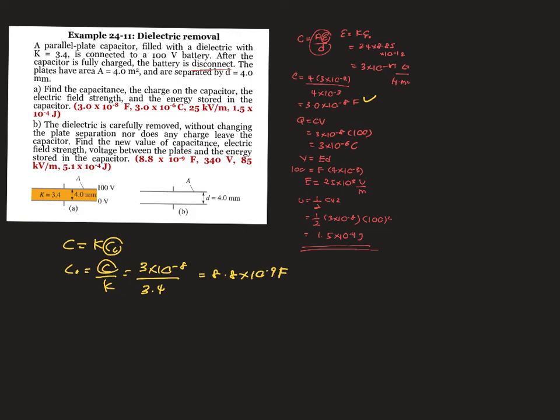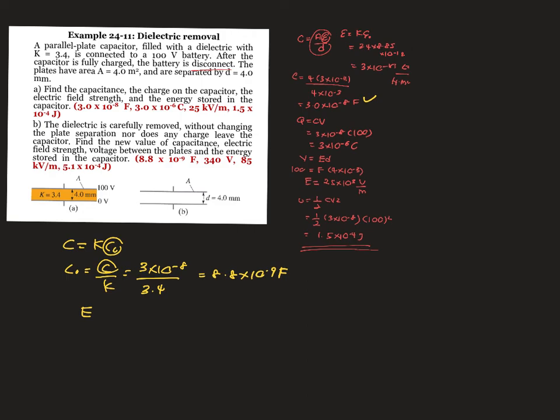You need to find the electric field strength. Oh, you don't have to find the charge. Yes, you need to find only the electric field strength. When you remove the dielectric material, your electric field is going to increase.